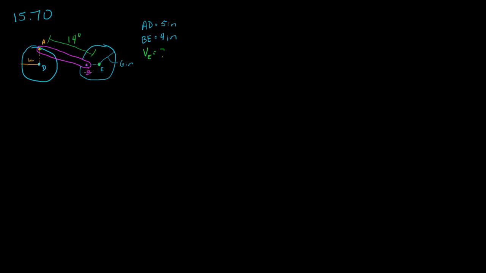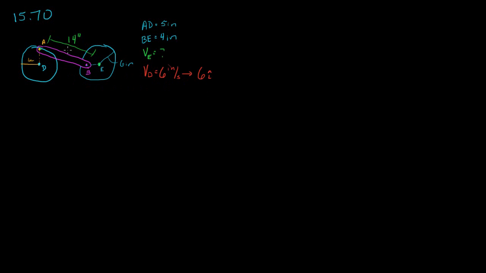So where do we go? One last piece of information we're given is this velocity D. So the velocity of D is equal to 6 inches per second to the right. So this is just in the horizontal direction, and it's just going to be 6i.